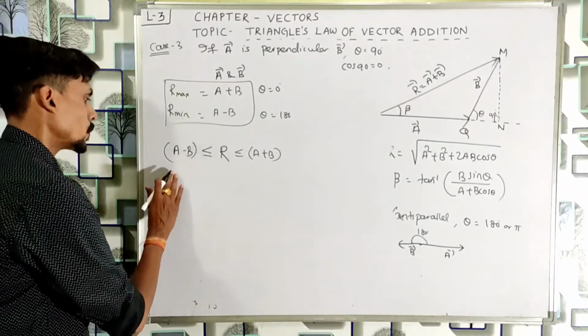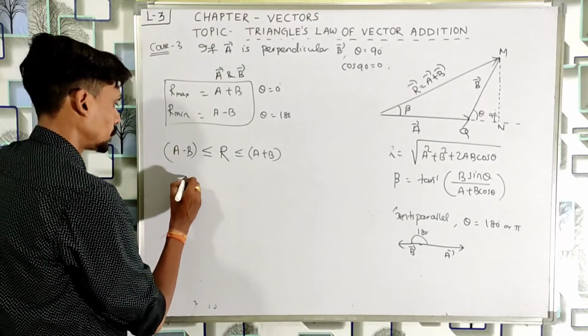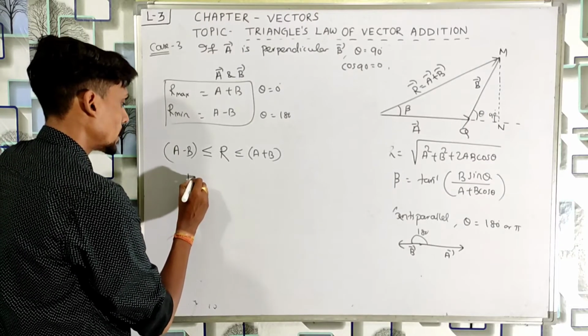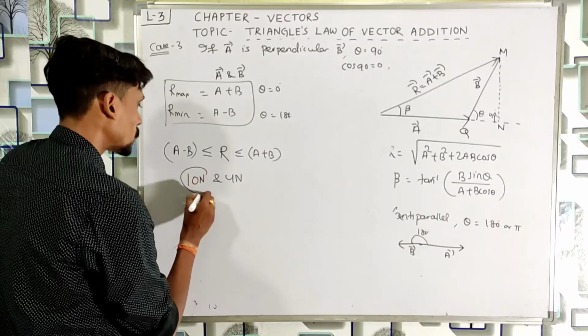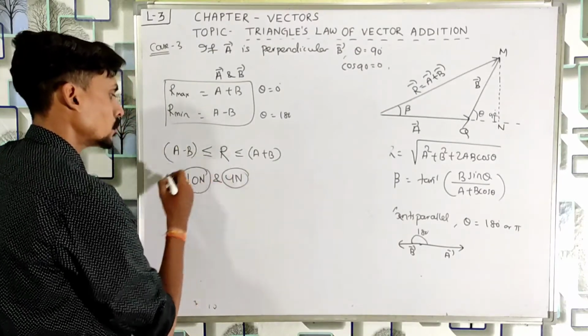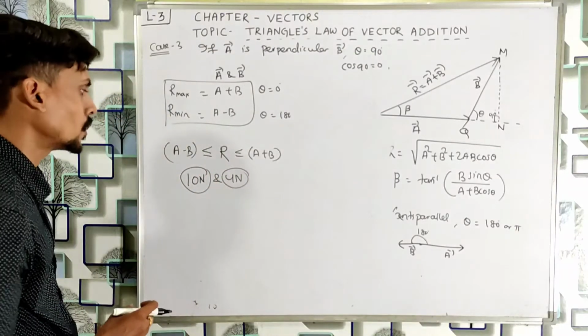For example, suppose I have two forces, let us say 10 Newton and 4 Newton. These are forces, vector quantities.